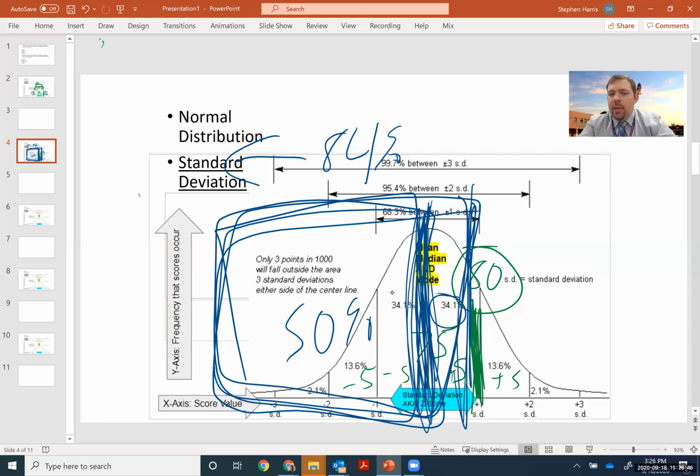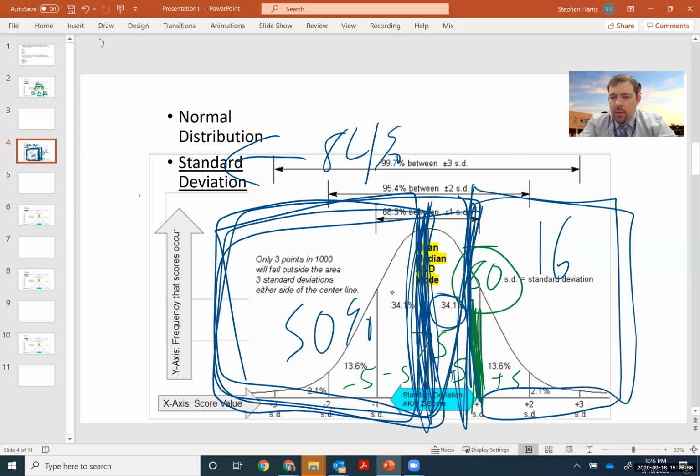So that means we can subtract 84 from 100, and that means that 16% are what's left on this side. So all we're doing is just a process of elimination here. We're cutting out that last half, which makes this easier to do than calculating 13.6 plus 2.1 plus those tiny little percentages down there that are going to ultimately end up with roughly 16.